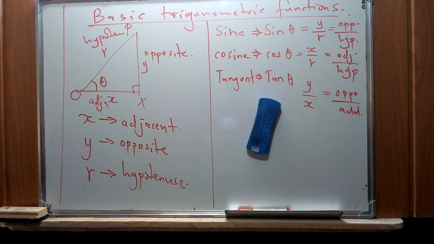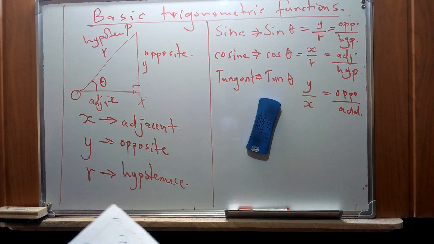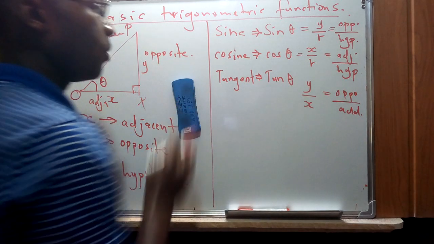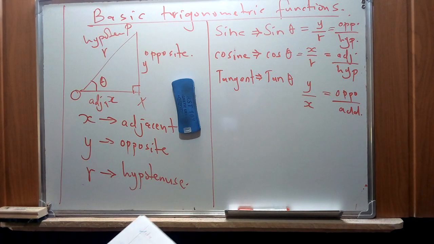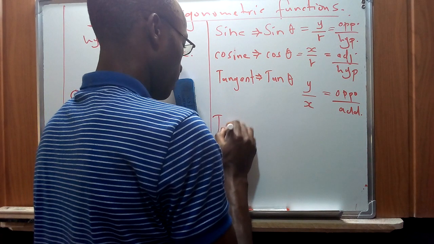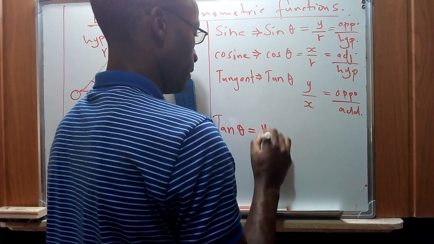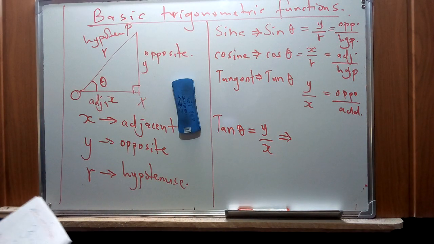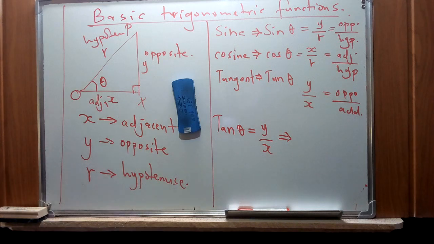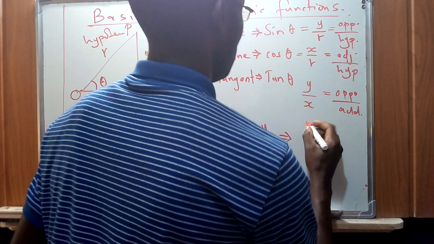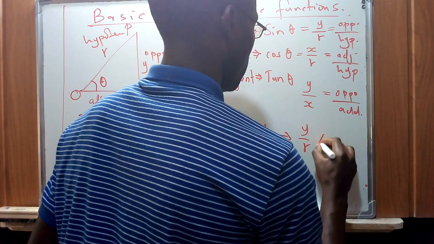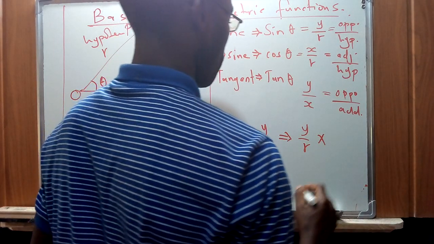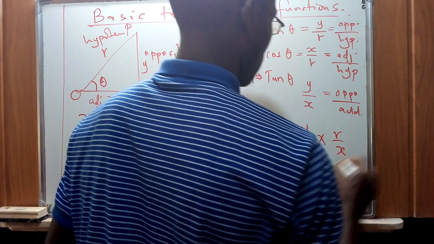If we look at the relationships I've listed on the board, we're going to see that one of them is a derivative of the other, in the sense that tan of theta, which is equivalent to y over x, can be achieved if we write y over r times r over x.